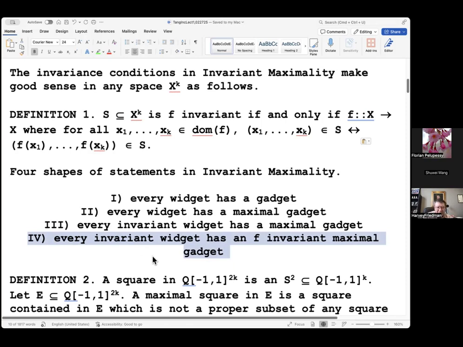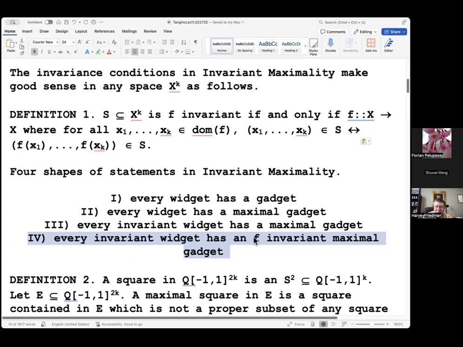Now, of course, the status of this last one depends crucially on the choice of function F, and the function F is a partial function from our main space into our main space. I should say already here that we only use one space. So this subject, invariant maximality, has only one space with different exponents k, and only one notion of invariance.